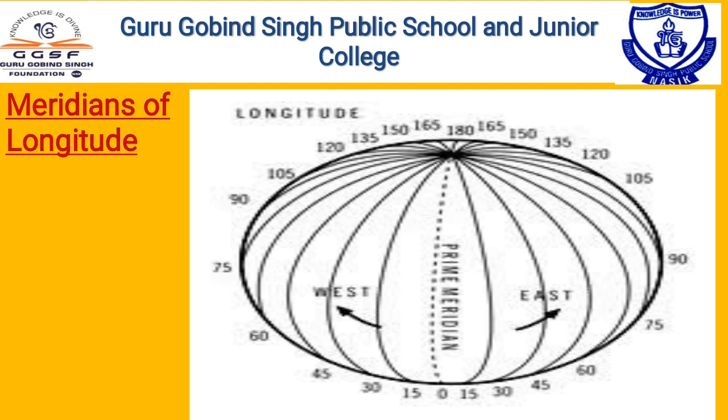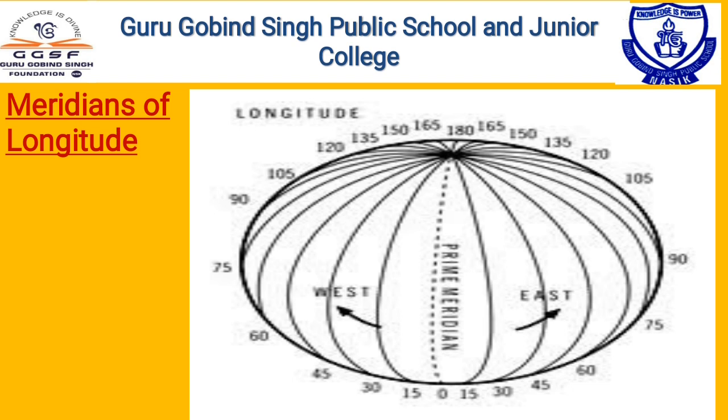The east part is known as the eastern hemisphere, the west part as the western hemisphere. While mentioning a meridian in the eastern hemisphere, we must label it as 10 degree east meridian, 25 degree east meridian, 35 degree east meridian. And in the western hemisphere, we must say 10 degree west meridian, 25 degree west meridian or 35 degree west meridian.